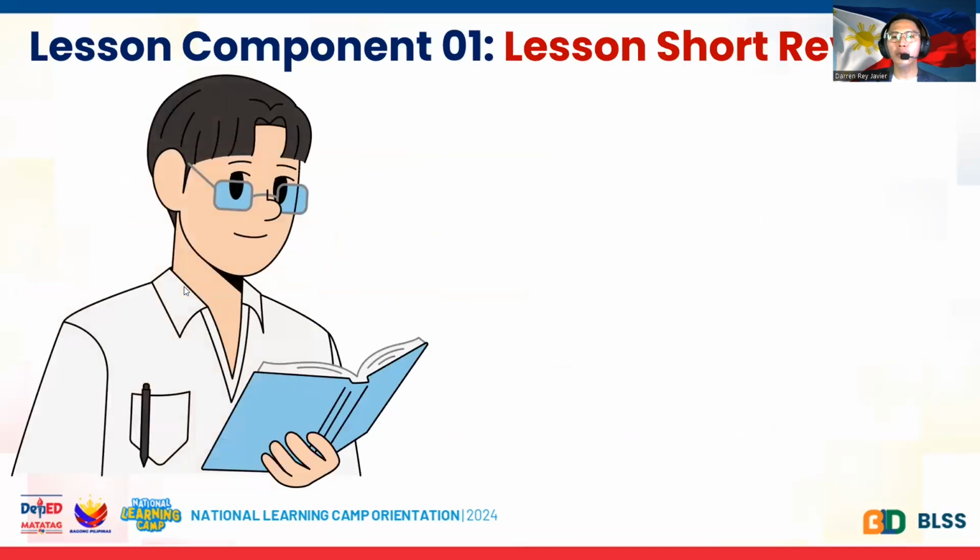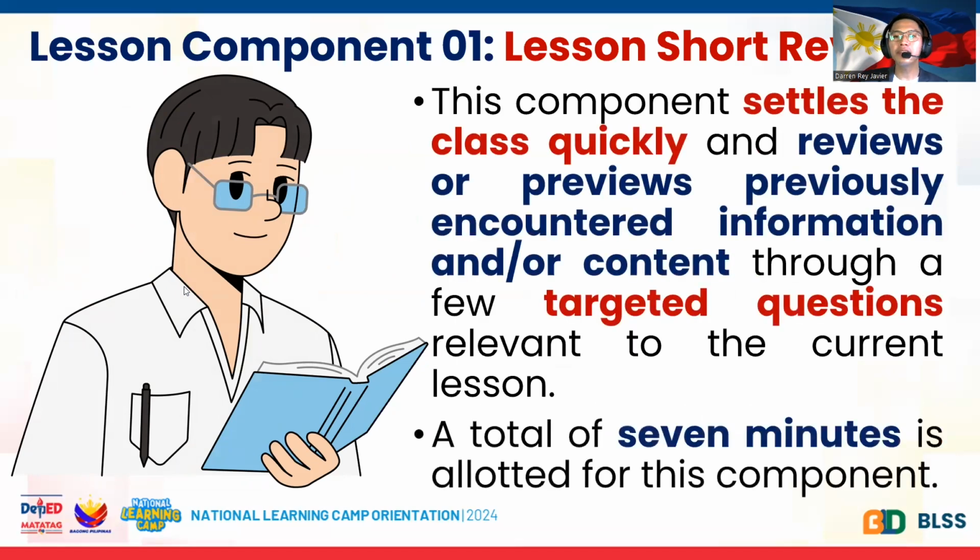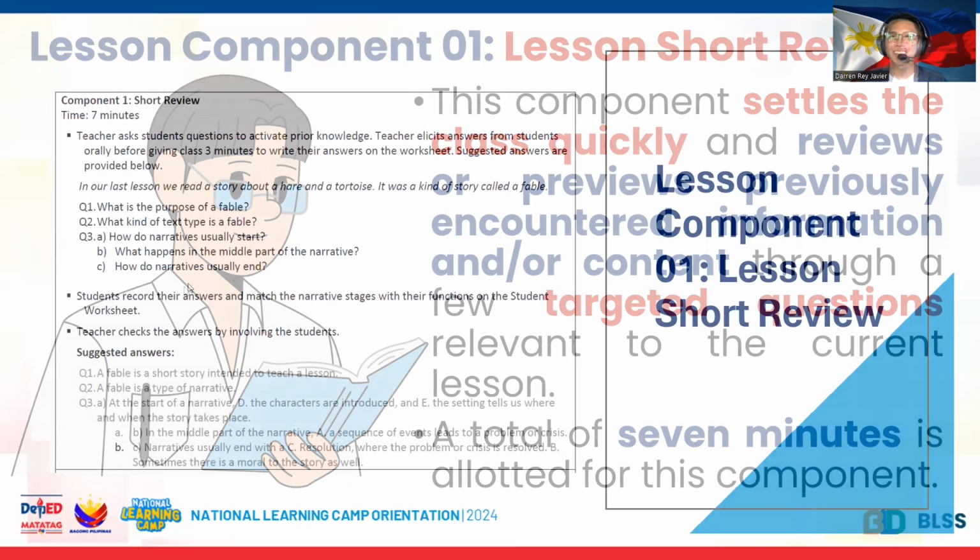So the first component is the lesson short review. This component settles the class quickly and reviews previously encountered information and content through a few targeted questions that are relevant to the current lesson. And a total of 7 minutes is allotted for this component.